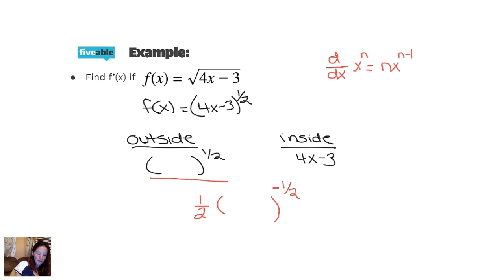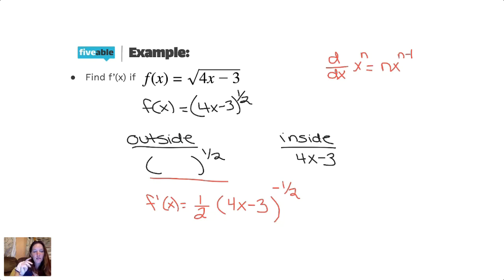So what I established here is the derivative of the outside: 1/2 got brought out front, I've got my something in parentheses, to the -1/2. That's step 1, derivative of the outside. Step 2, copy the inside. We're going to take that inside function and copy it right into that parenthesis.